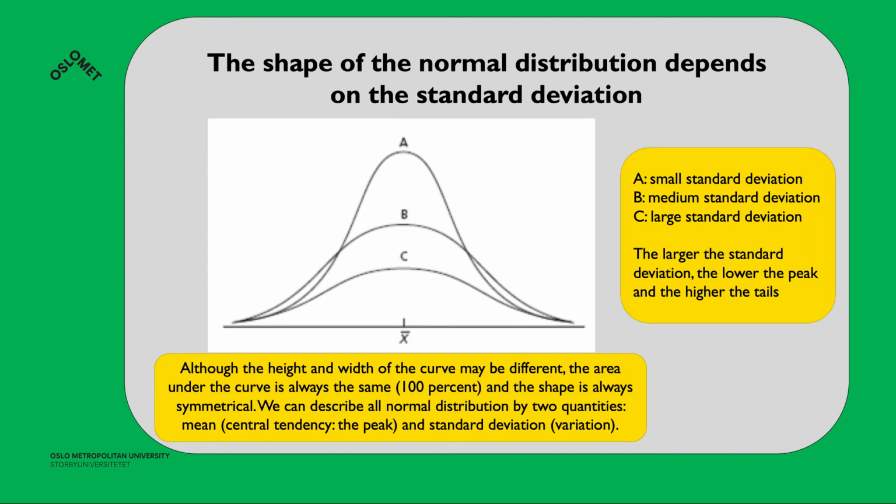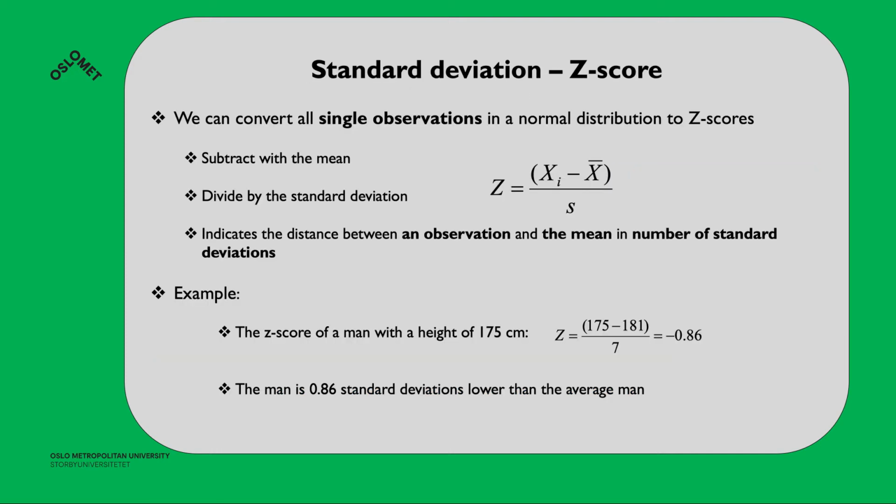And the standard deviation is important because it goes into calculating what we can call the z-scores. We can convert all single observations in a normal distribution to z-scores, and we do that by taking the value of the single observation, subtracting the mean, and then dividing by the standard deviation.